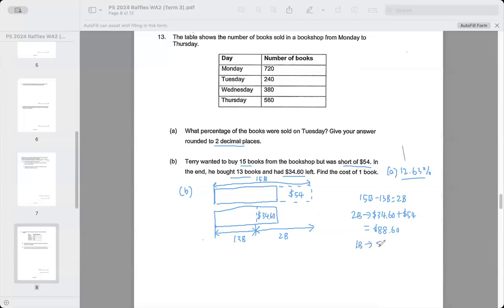Now we just need to find one book. We will take $88.60 divided by 2. Our answer will be $44.30. Sorry, let me write this again.